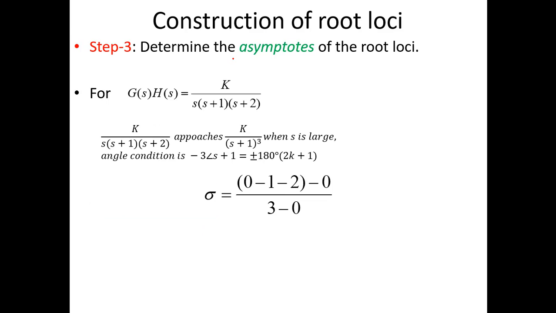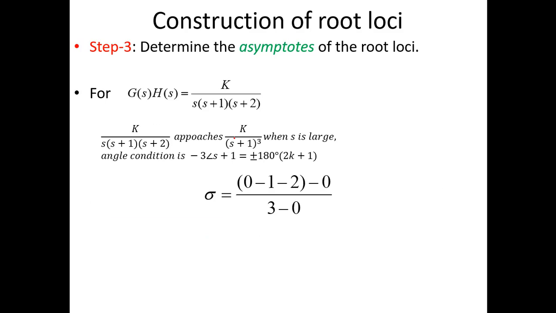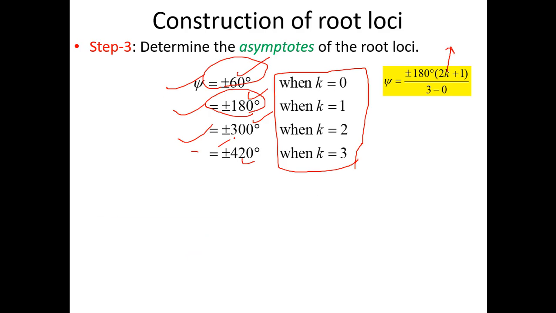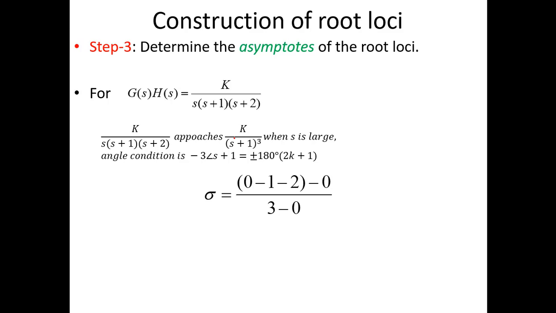For this equation, we first find the angle condition, which gives the asymptotes' angles. Now let's find the centroid of this root locus.